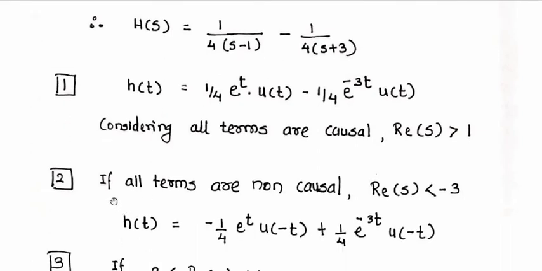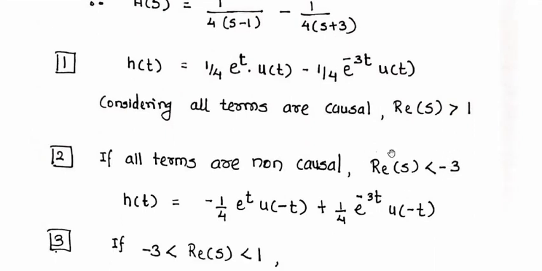There is also another possibility: if I consider all these terms non-causal, that means the ROC will be towards the left-hand side for this term and for this term also. So ROC towards the left-hand side means s should be less than 1, and here s should be less than minus 3.